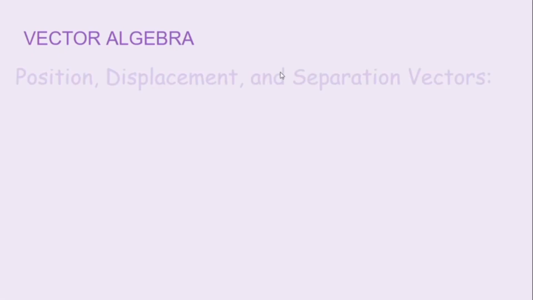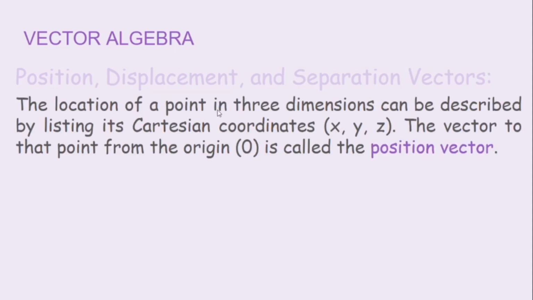Now we have the subtopic position, displacement, and separation vectors. What is a position vector? We will see here a point we have in 3 dimensions, and we can describe it in Cartesian coordinates x, y, and z, basically x cap, y cap and z cap, or i cap, j cap and k cap.